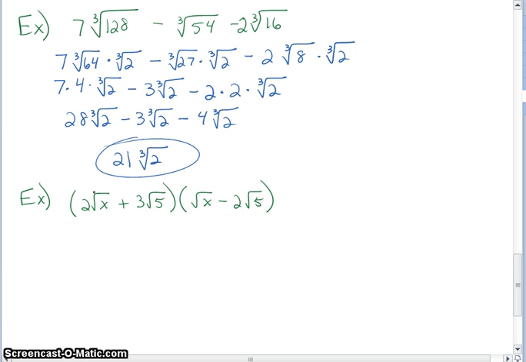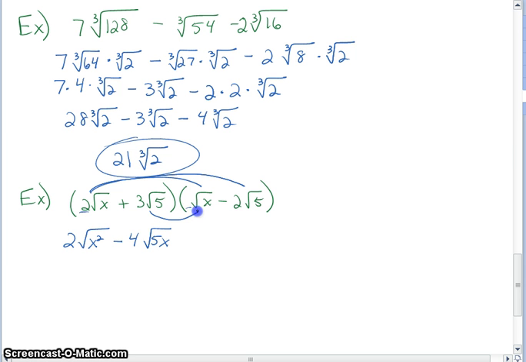Okay. Here I've got to multiply, so I need to multiply this times this. So outside times the outside is 2. Inside times the inside is x squared. And then I multiplied 2 radical x times negative 2 radical 5. So it becomes negative 4 square root of 5x.